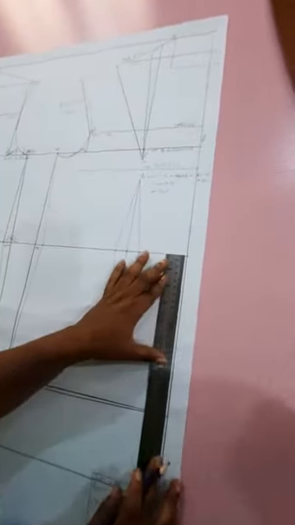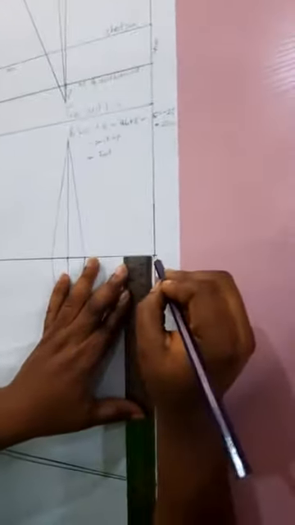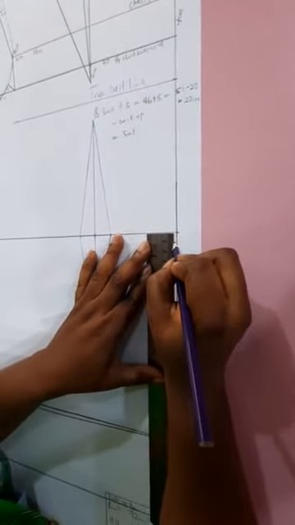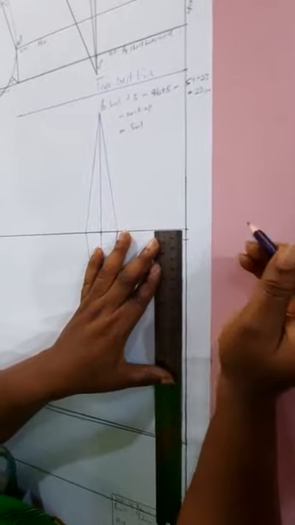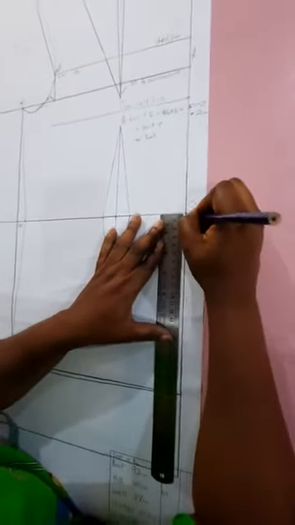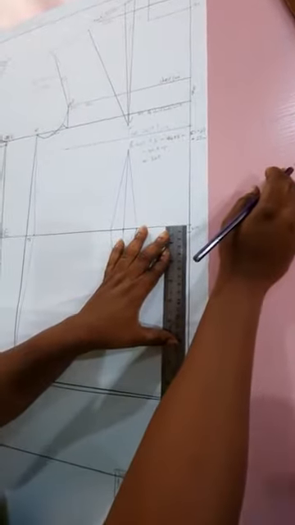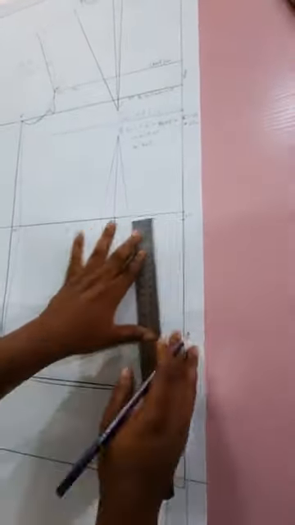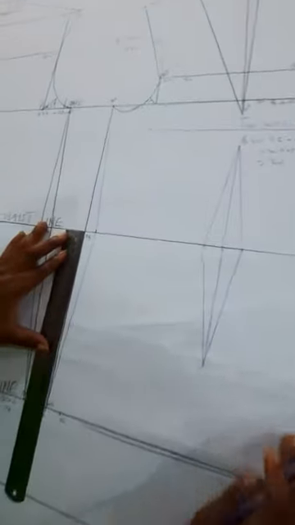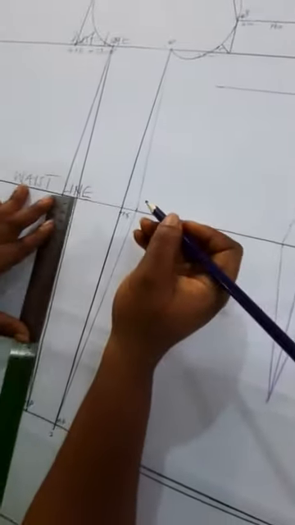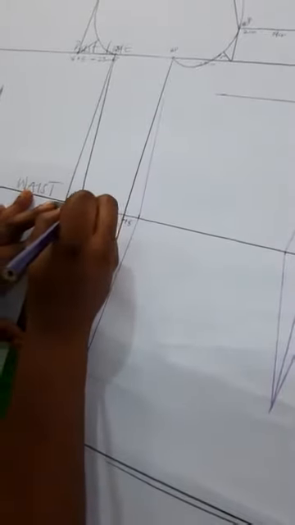Now the low waistline is taken from the front waist, and below it you take 1 cm. 1 cm for small sizes and 2 cm for larger sizes.